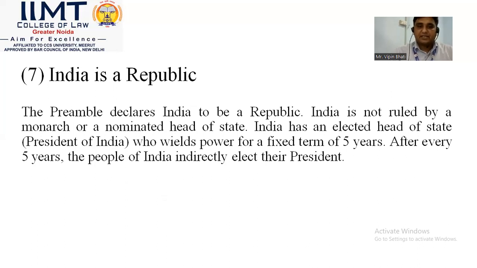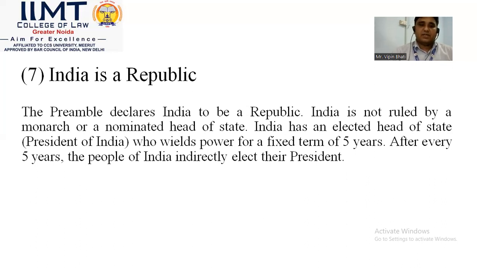After every 5 years, the people of India indirectly elect their president. The word used here is indirectly, not that the people directly elect the president. Indirectly means the representatives elected by the people of India elect the president of India. Okay? So this shows the republic characteristics of the Constitution of India.